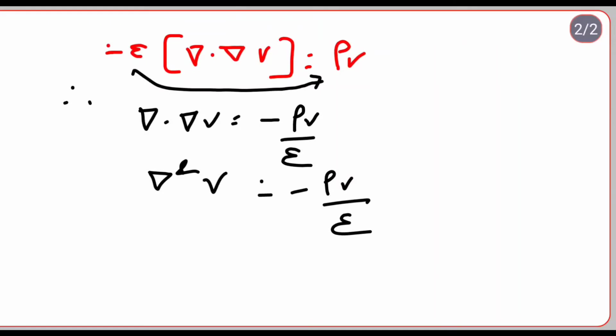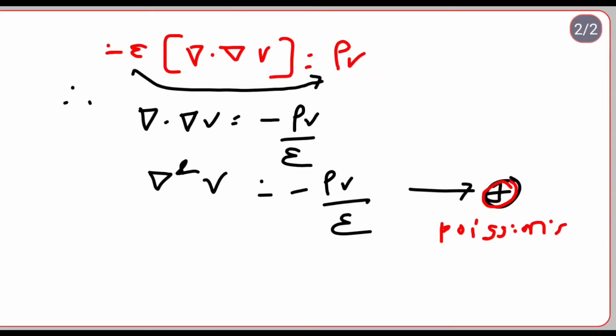Assume that this is equation 7. The seventh equation is known as Poisson's equation.